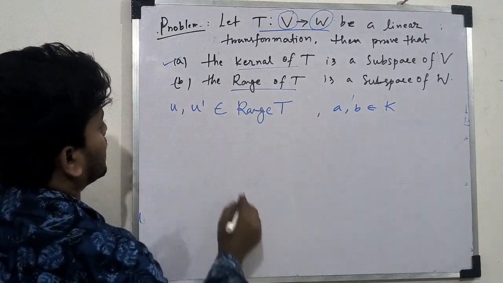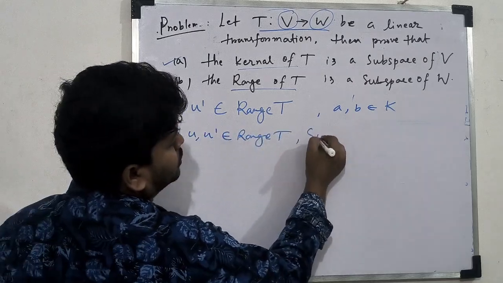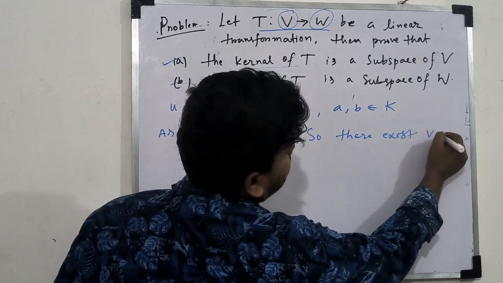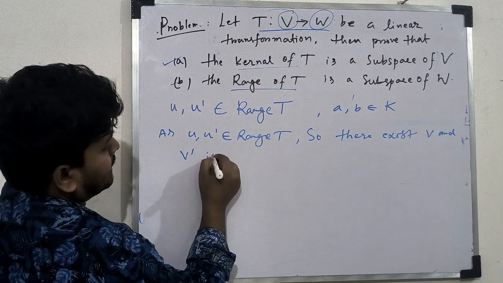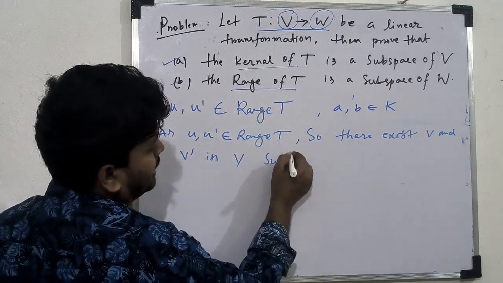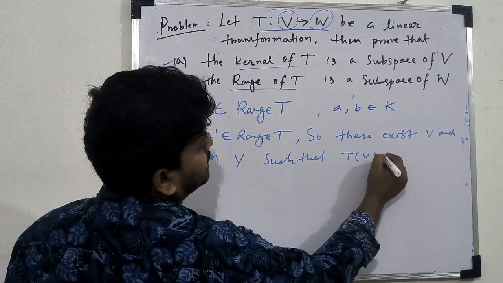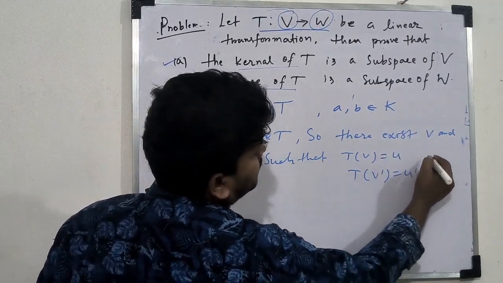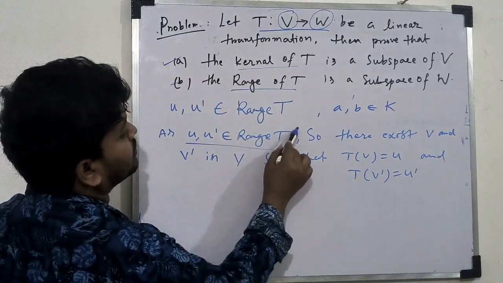Okay, so as u and u dash belong to range T, so there exist v and v dash in V such that T of v equal to u and T of v dash equal to u dash.